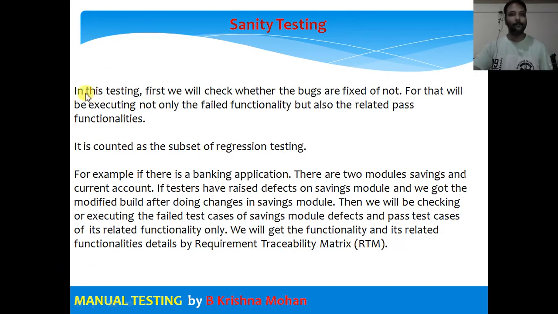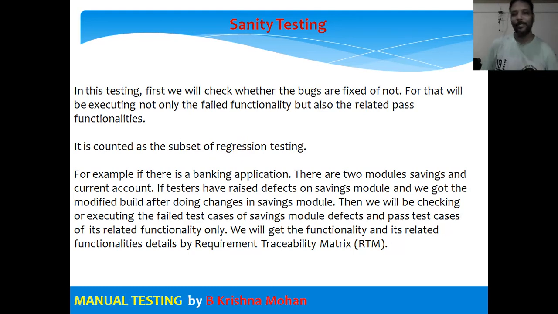In this testing, first we will check whether the bugs are fixed or not. For that, we will be executing not only the failed functionality but also the related passed functionality. It is counted as a subset of regression testing, as I already told you.